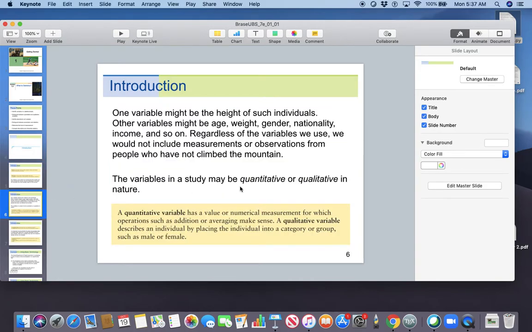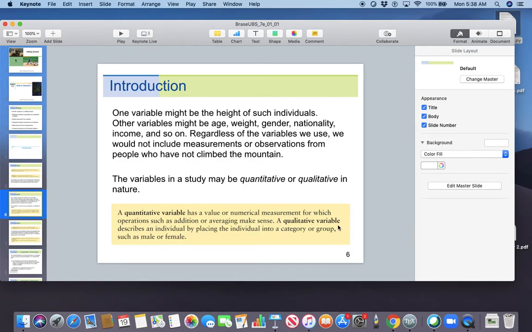The variables may be quantitative or qualitative. So the characteristics we are looking at, height, age, weight, gender, and so on, could be quantitative or qualitative. What's the difference? A quantitative variable has a value or numerical measurement for which operations such as addition or averaging make sense.